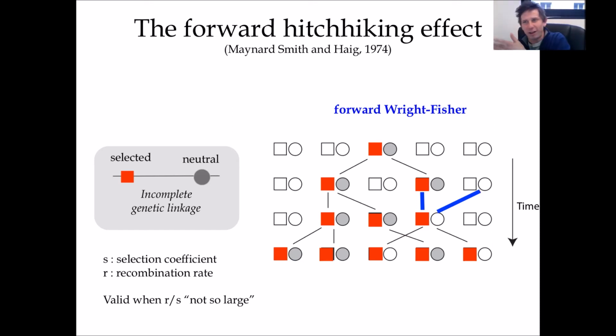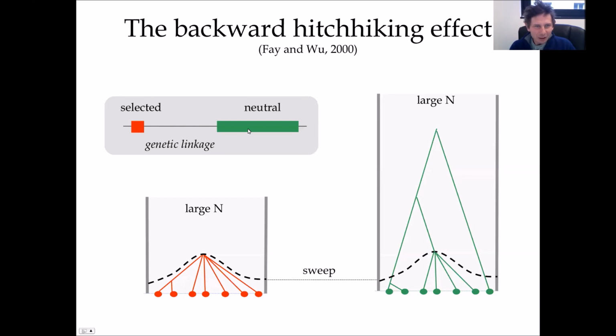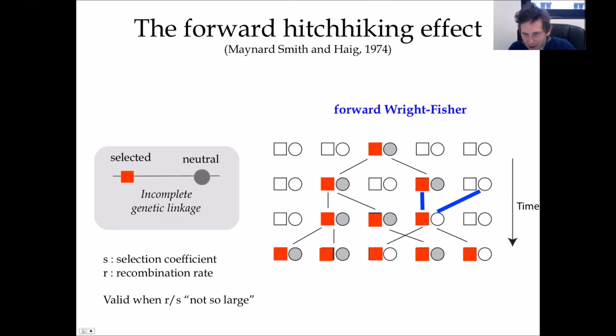So if you're very far away, see, you have a selected variant here, and it spreads through the population. If you look at the genealogy at a neutral locus that is genetically linked to the selected locus, some individuals will coalesce that correspond to that event. See, these are all the gray ones.